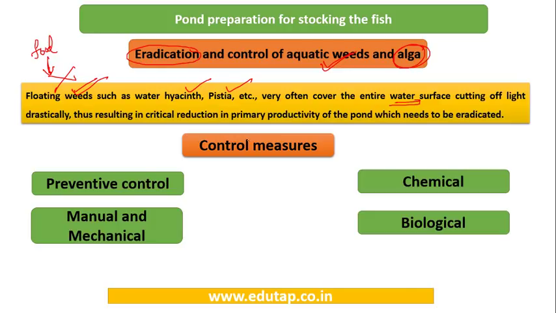So when you talk about controlling this particular problem, what are the ways in which you can do? Obviously, whenever you talk about controlling certain things, there are various ways. So in our context, it is going to be preventive control, manual and mechanical, chemical control, and biological control, right?